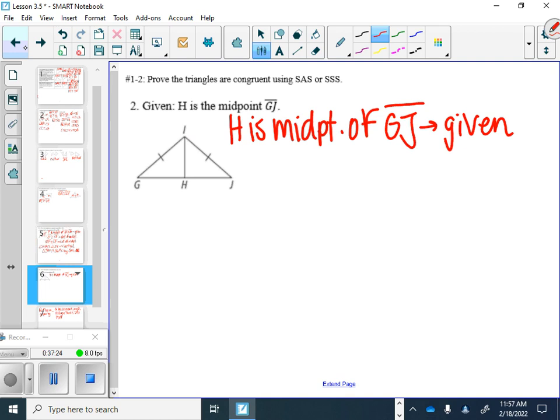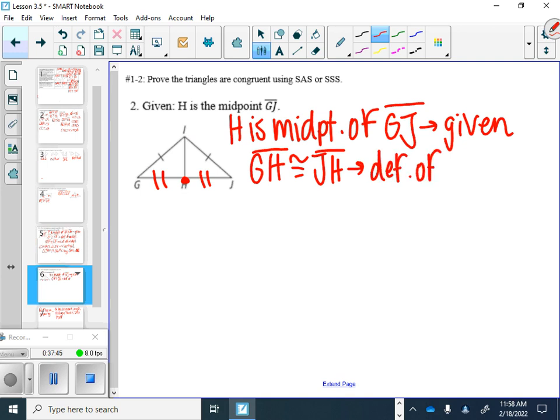Okay, H is splitting GJ in half. So what does that mean about GH and JH? They're congruent. Okay. Alright, so I can say that GH and JH are congruent by definition of midpoint.